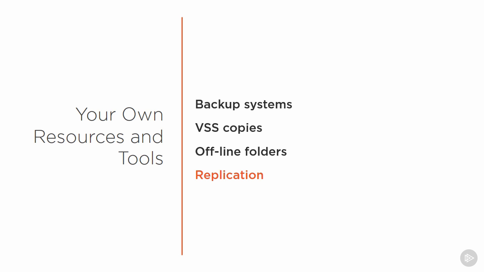However, if you do have a delay inbuilt in your replication system, this might save some valuable hours so that you can still access the previous version before replication overwrites that file.